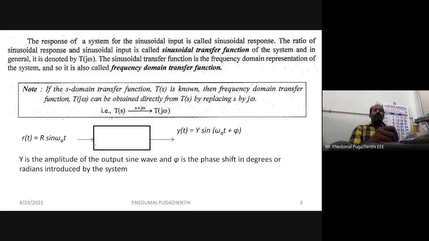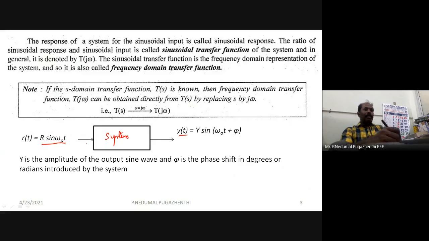So if you have a system like what is shown in the diagram, and you are supplying an input R of t as R sin omega t, and you are receiving a response y of t, which is Y sin(omega naught t plus phi).